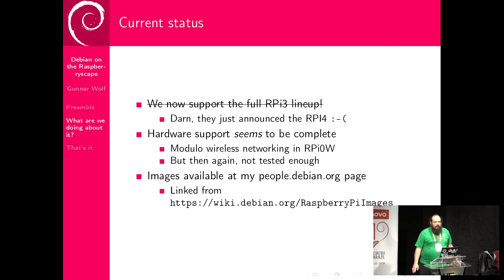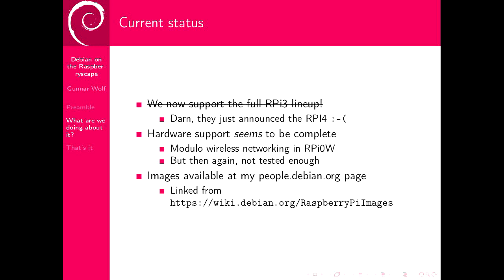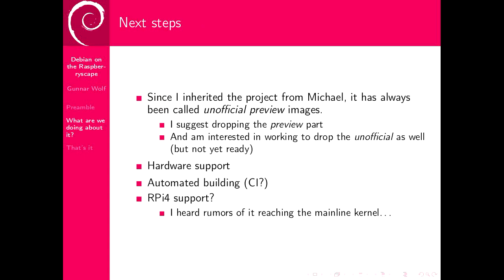And of course, where did I put the images? Well, as they are completely unofficial, they are just in my people.debian.org space. I will have to find a better scheme to place them, because the name is time-stamped, so it may be hard to refer to, but let's see about this later.